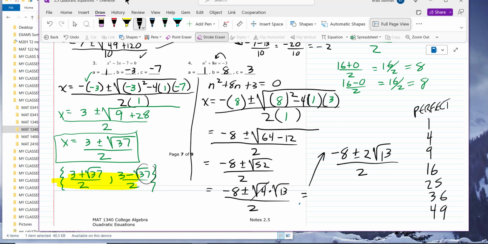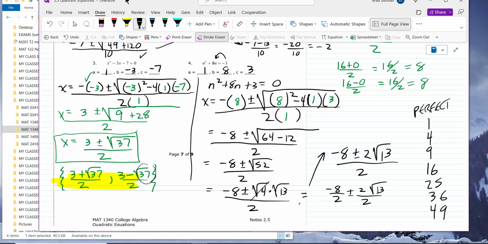8 and 2 reduce, don't they? So do 2 and 2. The easiest way for a student to do this, if you see that they both reduce, you can certainly do that in your head, but a good way is to just split it apart like this. That's just like the opposite of adding a fractions and getting a common denominator.